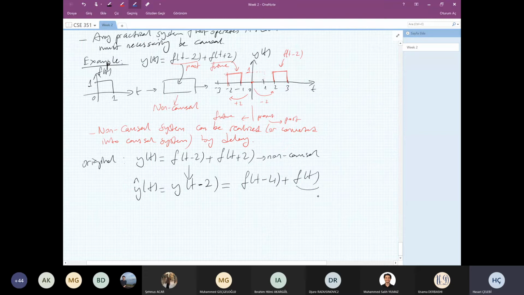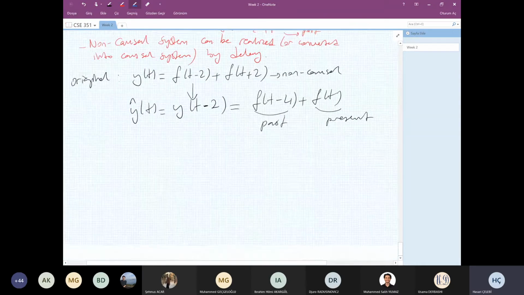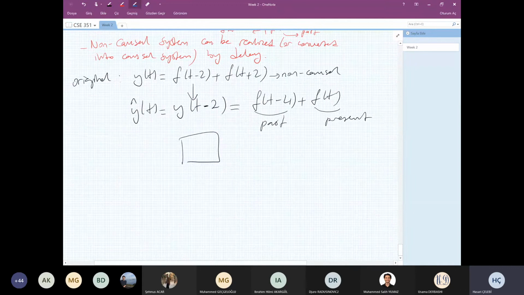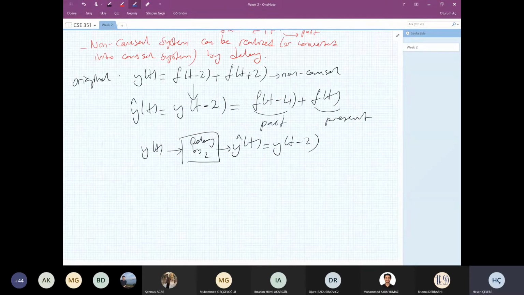I have only the present sample and past sample. So by using a shift, visually something like this, a delay by 2, this is my y of t. Now the new one is y hat of t, which is the shifted version of this by 2. So now it becomes a causal system.